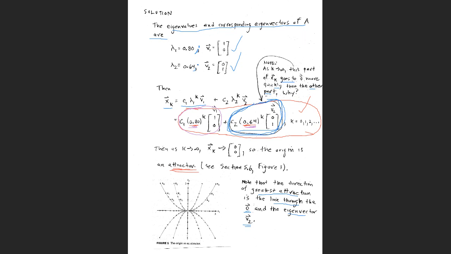But the second part pulls it more to the origin, the part with 0.64, that part of x sub k pulls it to the origin more than the first part of x sub k does with the 0.80. Okay, so that's why the direction of greatest attraction is the line through the origin and the eigenvector v2.